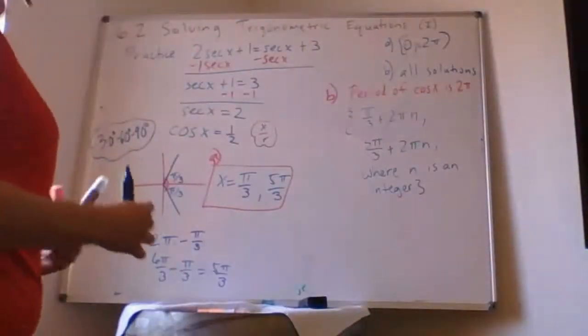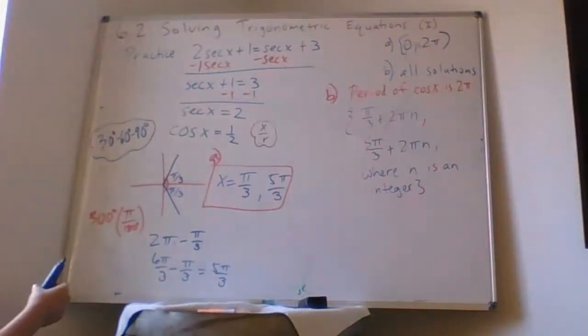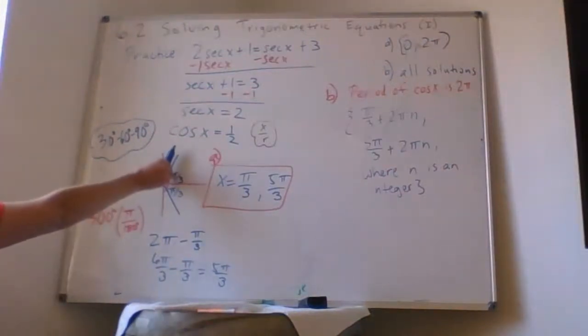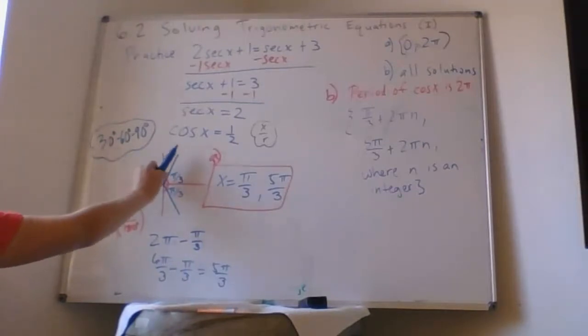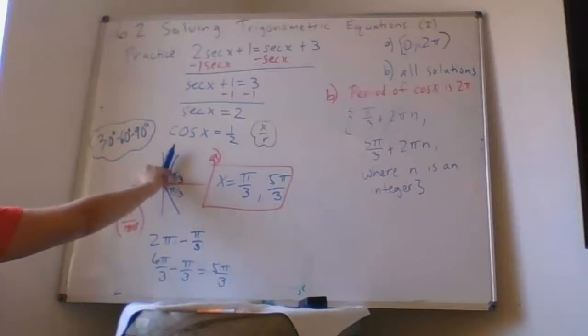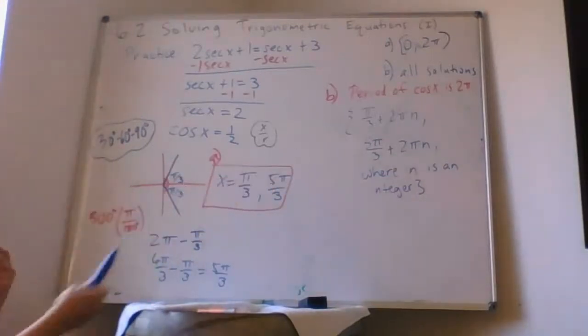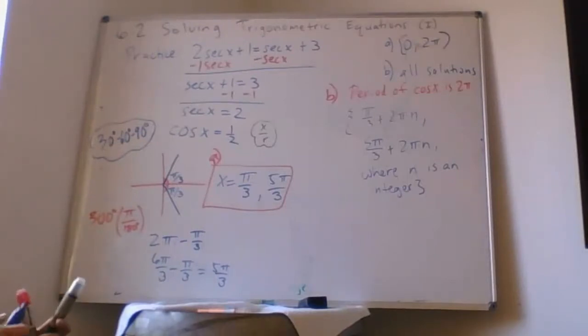Notice that this time we do not have any redundancy, because if we take this angle, pi over 3, and add 2 pi, we will get back here to be coterminal with pi over 3. So in order to describe all angles that are coterminal with pi over 3 and all angles that are coterminal with 5 pi over 3, we need to list them both out. So all of our solutions can be described as pi over 3 plus 2 pi n or 5 pi over 3 plus 2 pi n, where n is an integer.